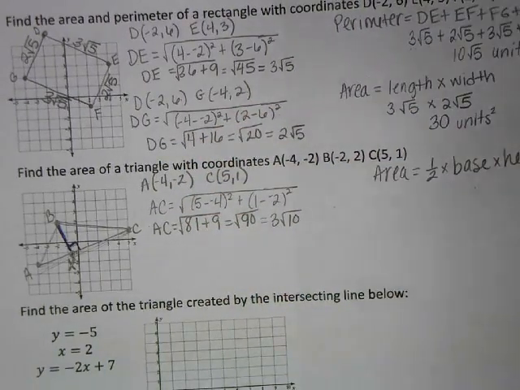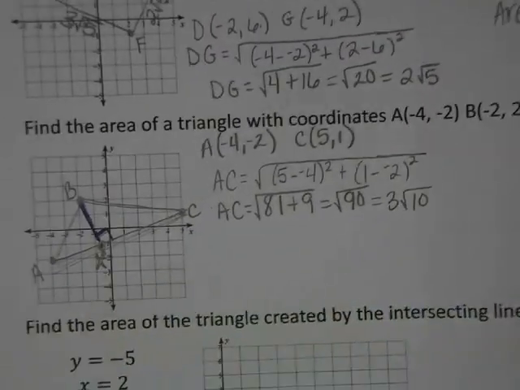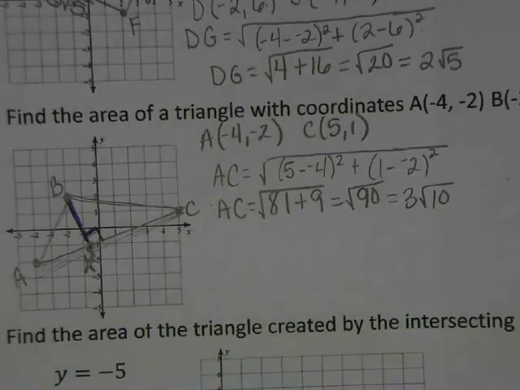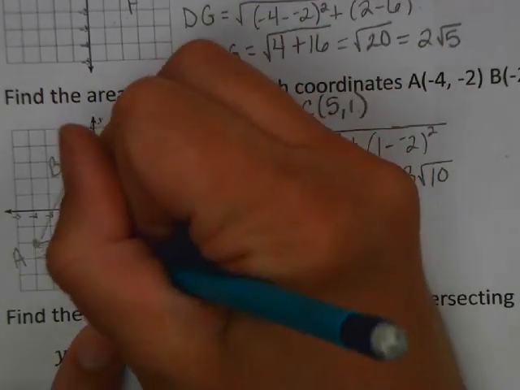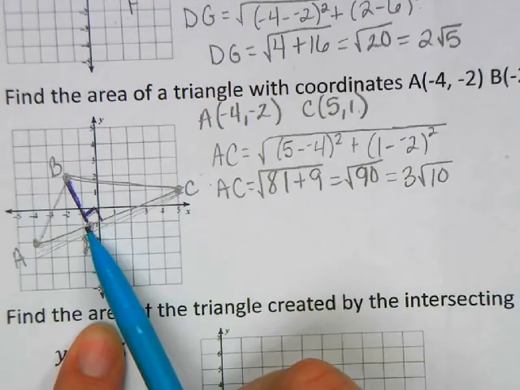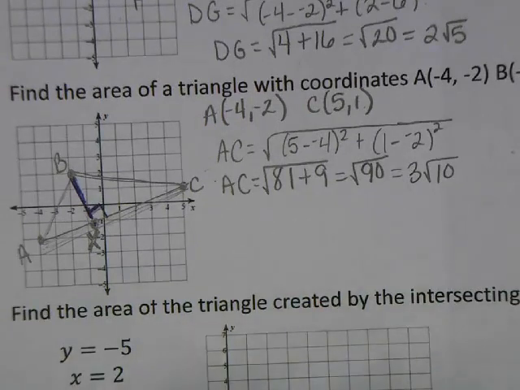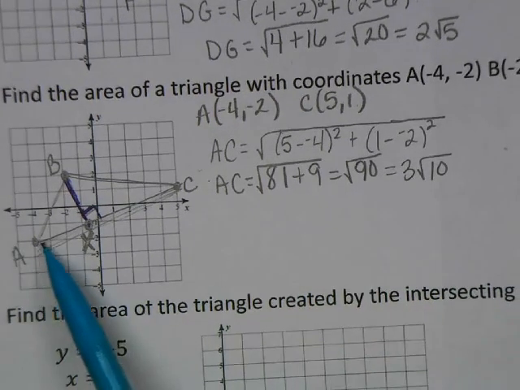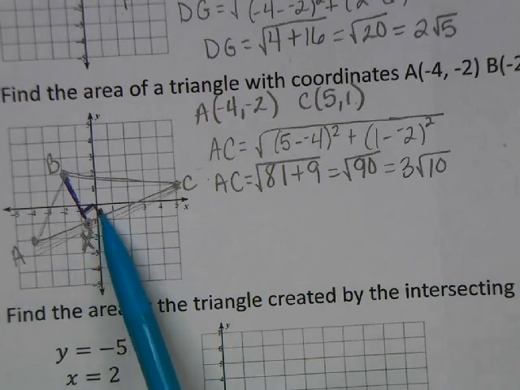And it looks like X has coordinates -1, -1. So I'm just going to verify that by checking to make sure that the slope between A and X is the opposite reciprocal of the slope between B and X. And then I'll know for sure that that's perpendicular.